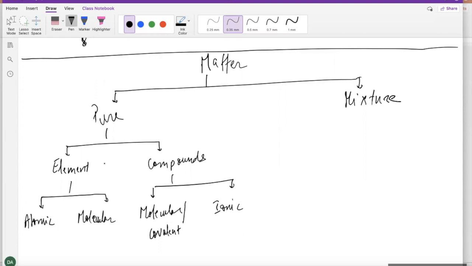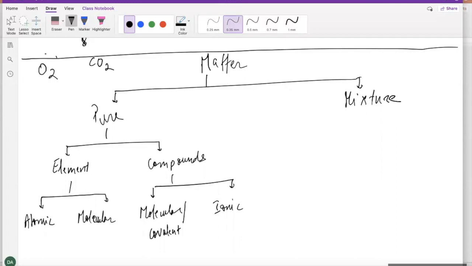Let's take some examples and see what we actually mean by each one. So, guys, an element is when you have only one kind of atom that something is made up of. For example, the oxygen that you're breathing in. What is the formula of that oxygen? The formula for oxygen is O2. And what is the formula of the gas that we breathe out? It's called CO2.